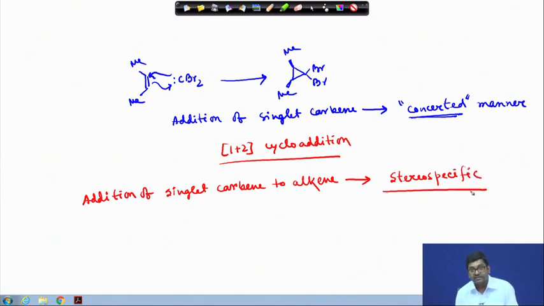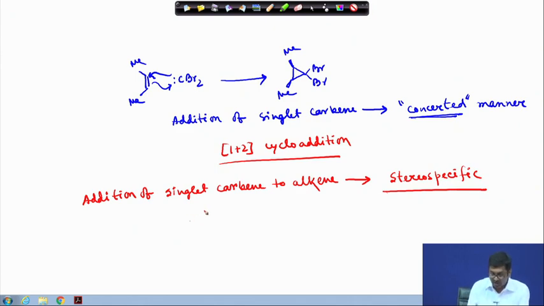That means we are starting from one particular starting material with a specific geometry or stereochemistry, and in the product we are getting a specific stereochemistry. Okay. So, if we start with the Z olefin, we get this cis cyclopropane, and if we start with the E olefin, we get the trans cyclopropane. This gives the idea about these stereospecific reactions.